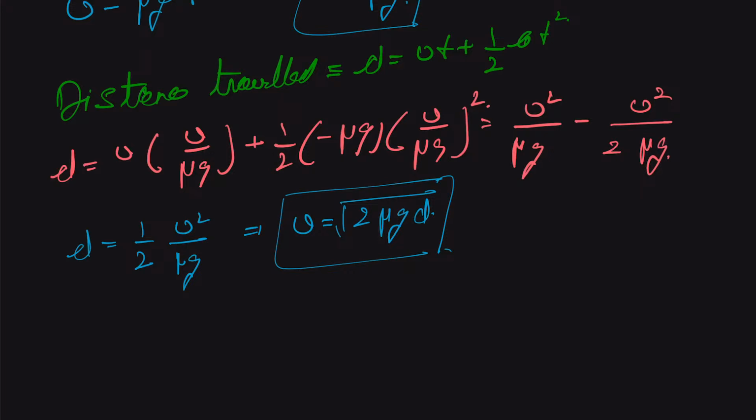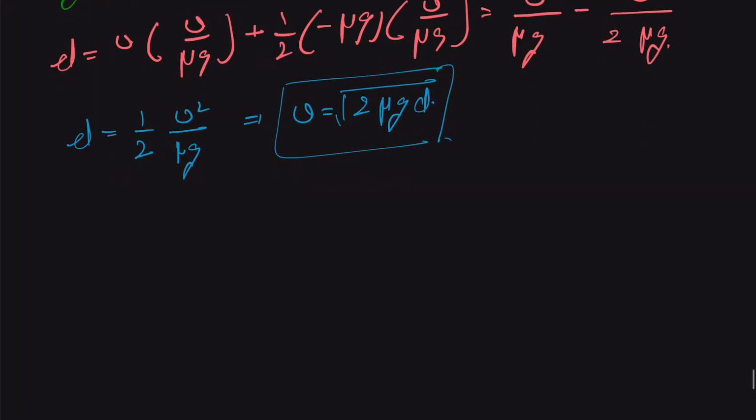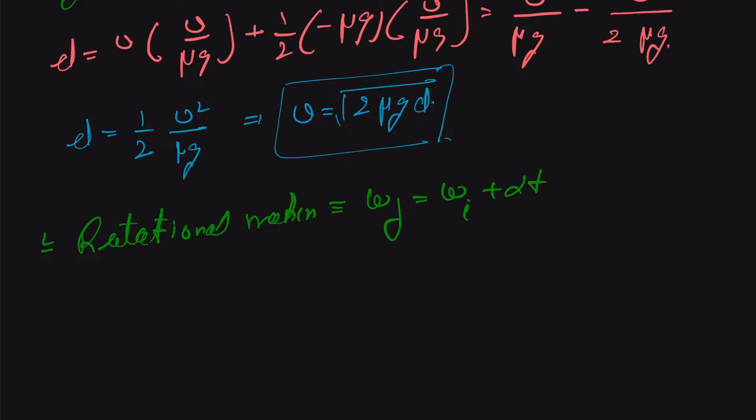Now we come to the rotational motion and kinematics equation, but in the rotational form. Therefore, we can write that for rotational motion, omega f is equal to omega initial plus alpha times t.